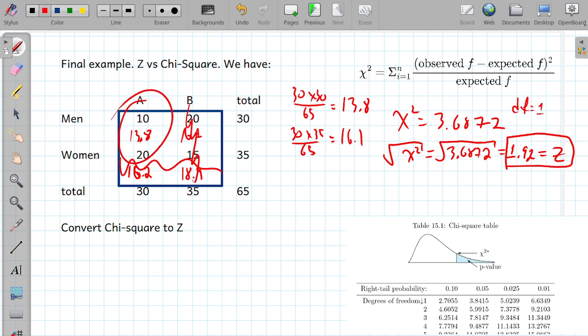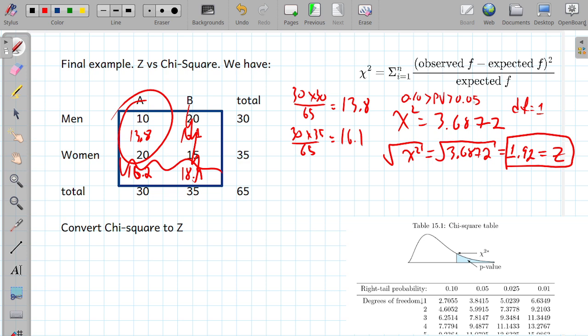That's all we got. So on 1 degree of freedom, 3.6872 is in this region. So this says the p-value for chi-squared is less than 10% greater than 5%.